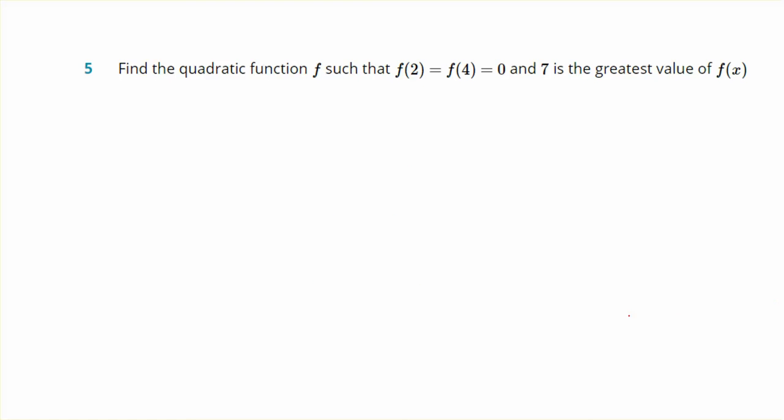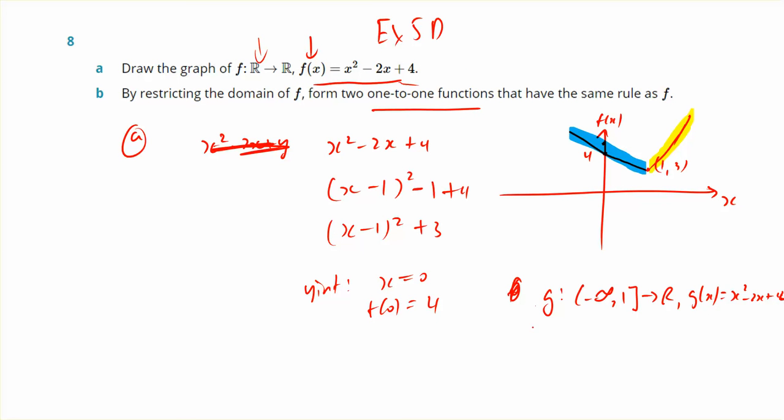And the second function I'll call h. It goes from 1, so it's yellow, 1 to infinity, to reals, such that h of x equals x squared minus 2x plus 4.